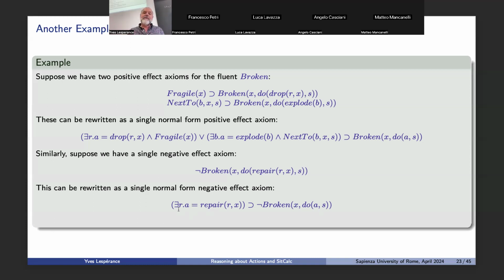If the action A is some robot repairing X, then in do A S, X is not broken. So this is a second example of taking some effect axioms and putting them in this normal form. And you need to do this for every fluent.